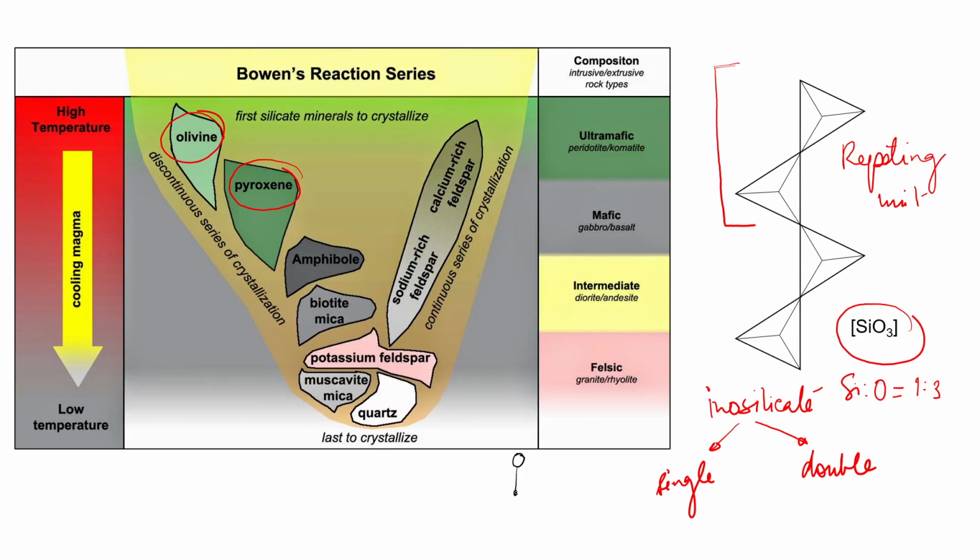The filled dot is silicon. And then one oxygen will of course be behind this. Now if we look at the composition, this is one tetrahedron, and here it is the repeating unit.